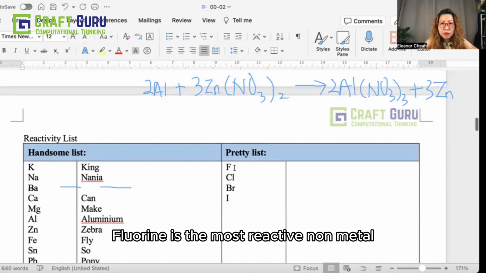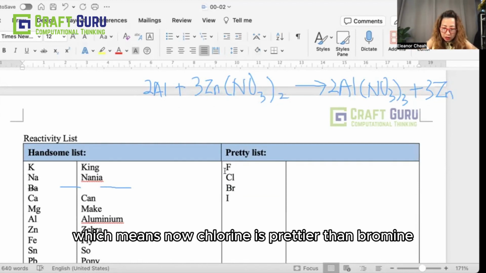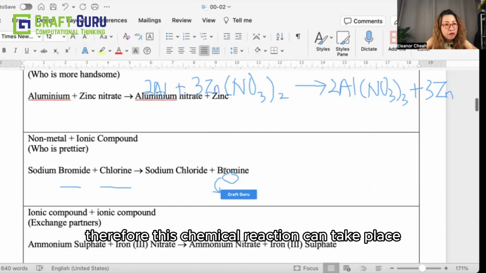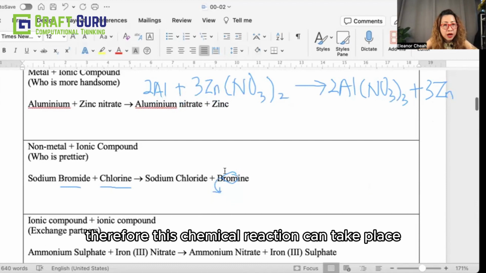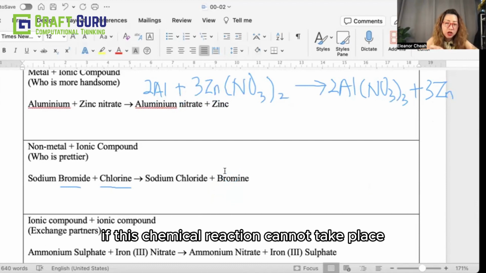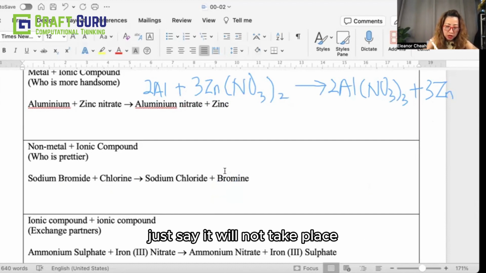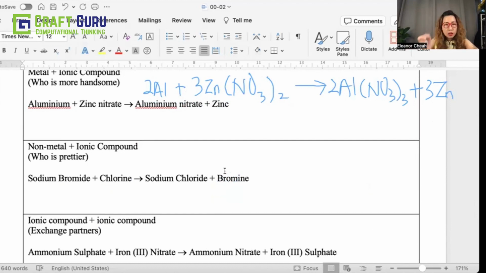Fluorine is the most reactive non-metal, followed by chlorine, bromine, iodine, which means chlorine is prettier than bromine. Therefore, this chemical reaction can take place. If this chemical reaction cannot take place, you don't have to write the chemical equation. Just say it will not take place.